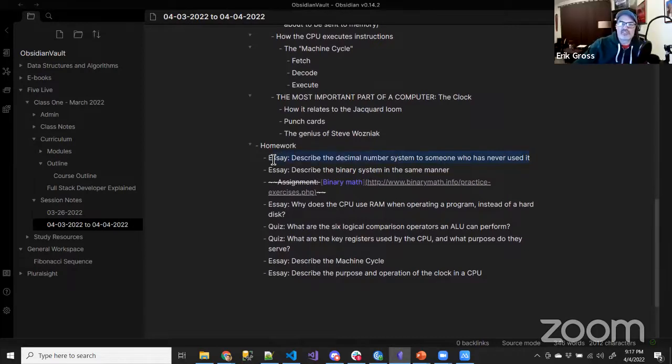All right. So I do want you to do this essay. Describe the decimal number system to someone who has never used it. You might find that in doing so, you need to simply describe a number system as a concept, using the decimal system as the example to illustrate the idea.